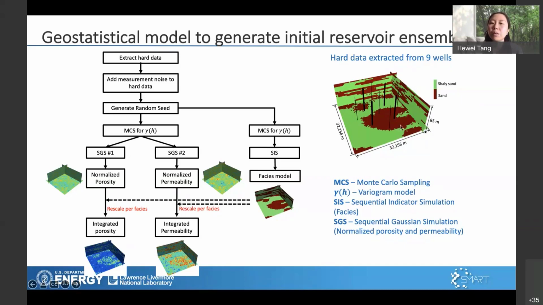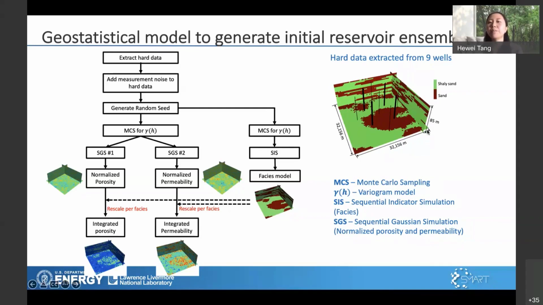Here I want to add a word for why we chose to use more wells. We actually did quite a few experiments on this. We find that if we only use hard data from the fall injectors, the sequential indicator simulation will not be able to give us reasonable facies distributions, since we are dealing with a really large reservoir and the data points are really sparse to constrain this field.